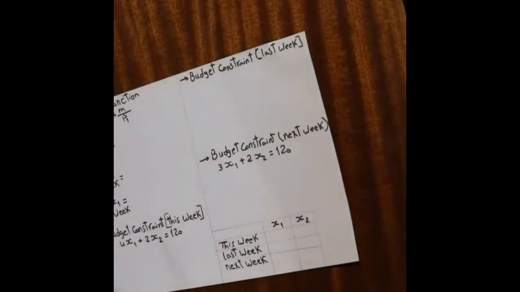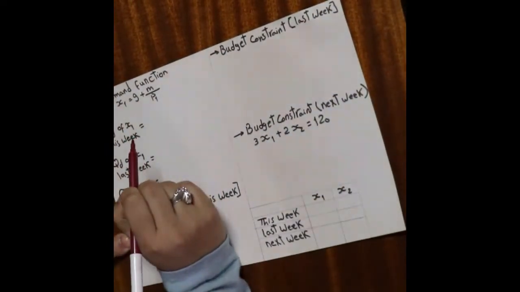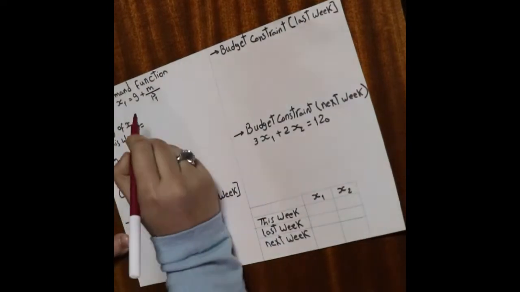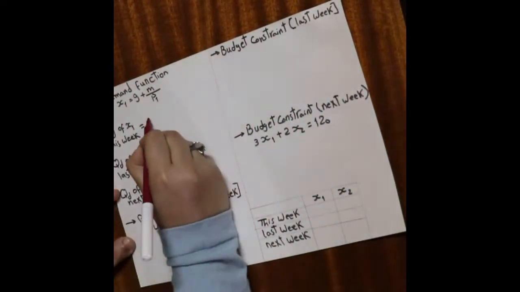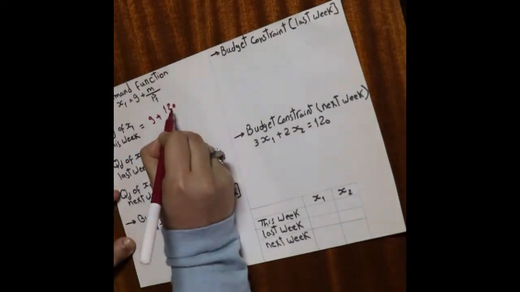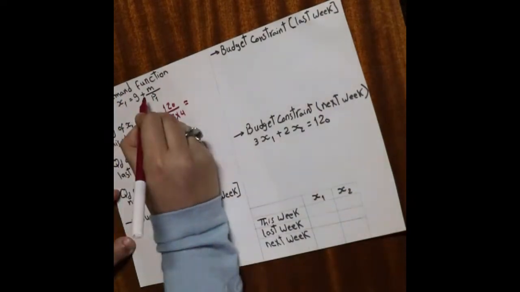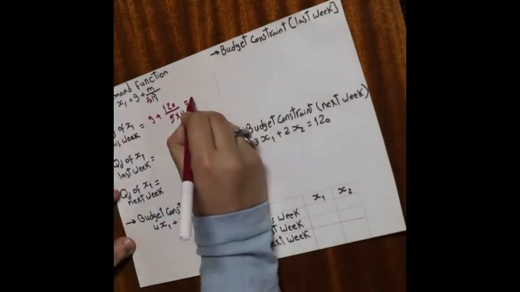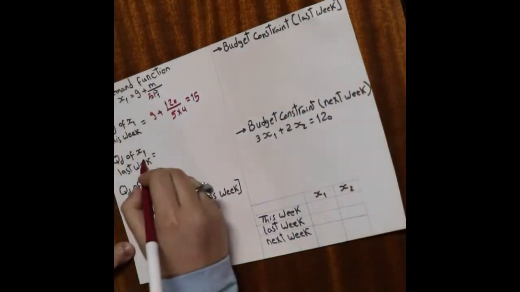I have the demand function of x1, which is x1 equals 9 plus m over 5b1. The price of x1 this week equals 4, so the quantity demanded of gas equals 9 plus 120 over 5 multiplied by 4 equals 15 units.